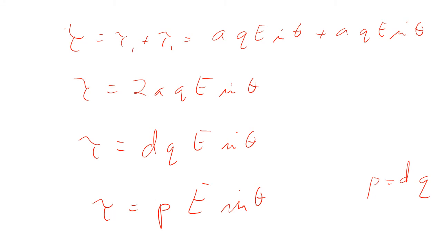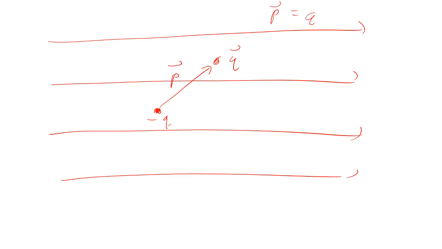Now the interesting thing is that the total torque was into the screen. With minus q and plus q, the magnitude of the dipole moment is q times d, and its direction is from minus to plus. Wait a minute, what would happen if we had p cross E?